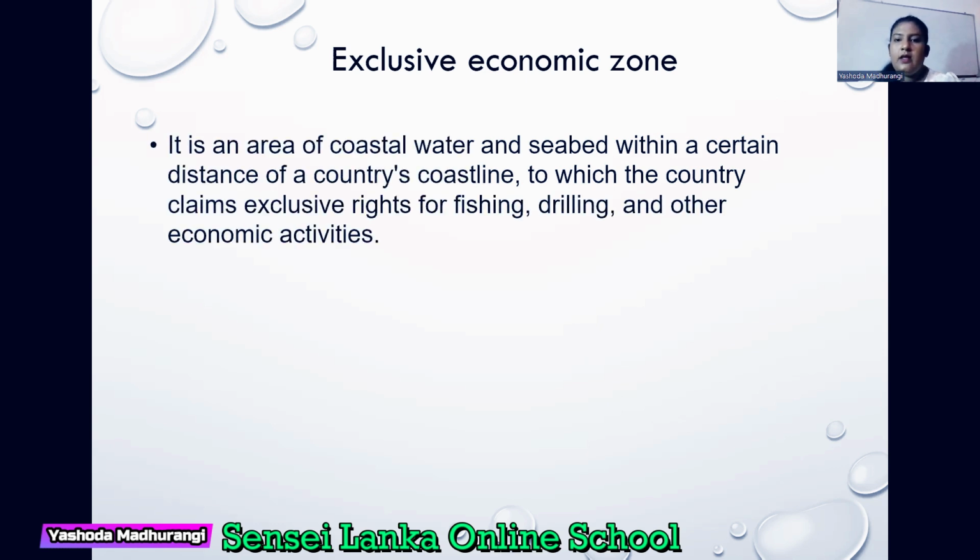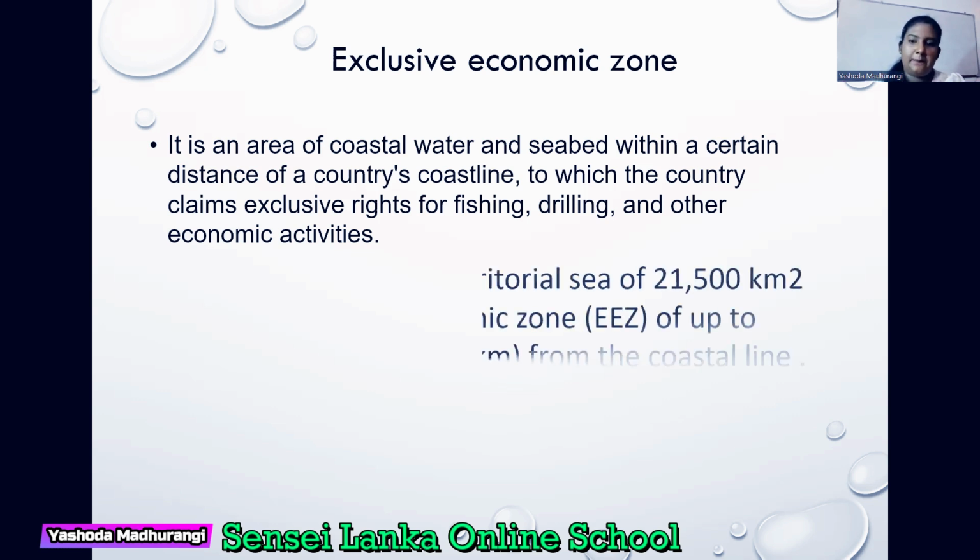So a country claims exclusive rights, fishing, drilling, and other economic activities. We can go to this sea area to do our economic activities, but we have to come back. After doing the economic activity, we have to come back. We can't use it anymore. Okay.